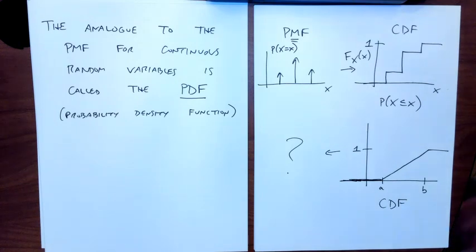And so this is a really compact and important way of describing a random variable, right? If I tell you the PDF, it tells you everything you have to know about the random variable, okay?